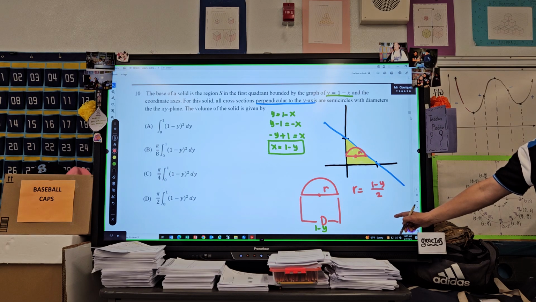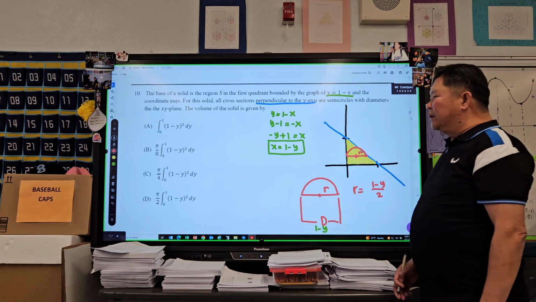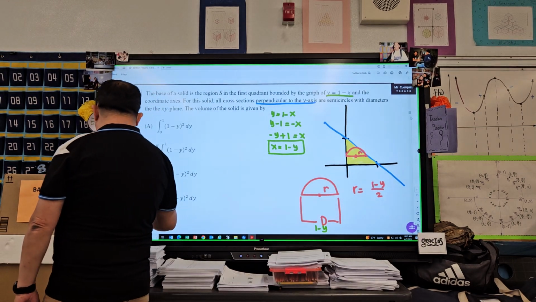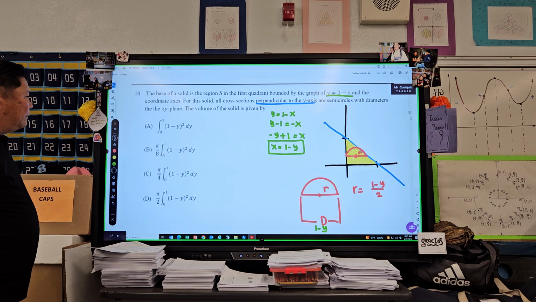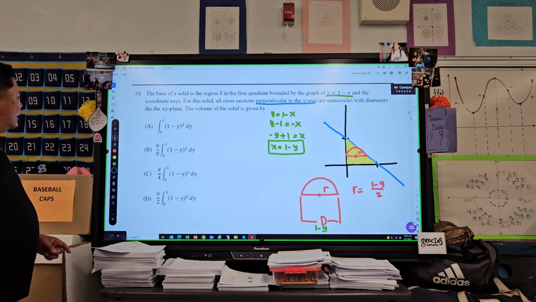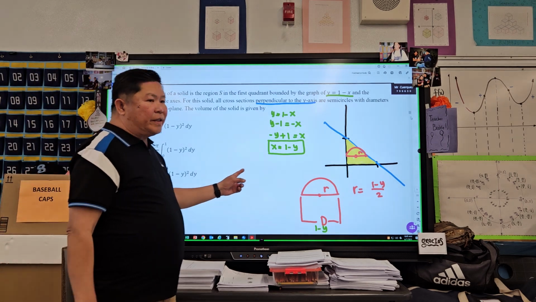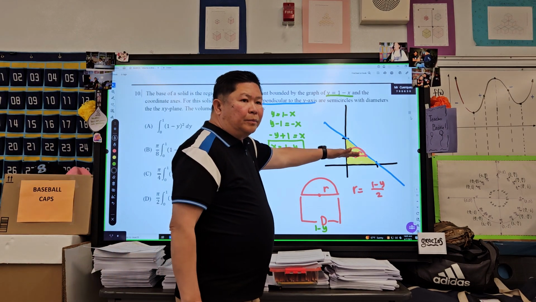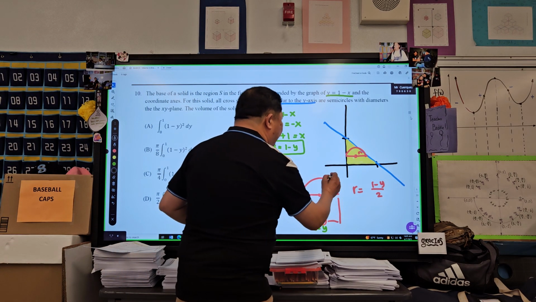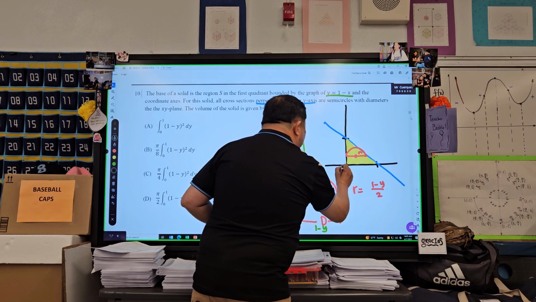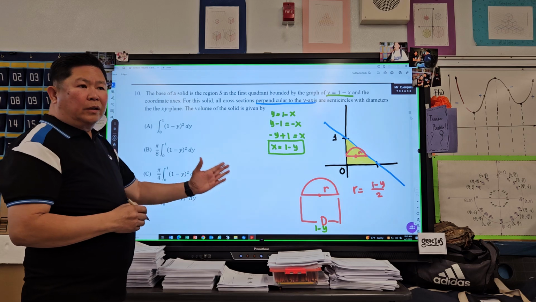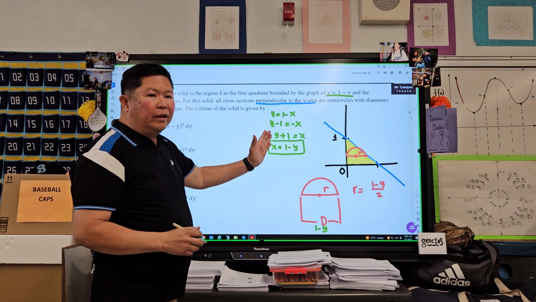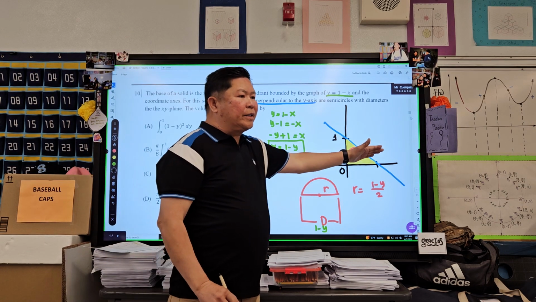Yeah, guys. And what is now the formula for volume? So let's have the interval. Since this is perpendicular to the y-axis, this must be our limit from 0 to 1 along the y-axis, not the x-axis anymore.